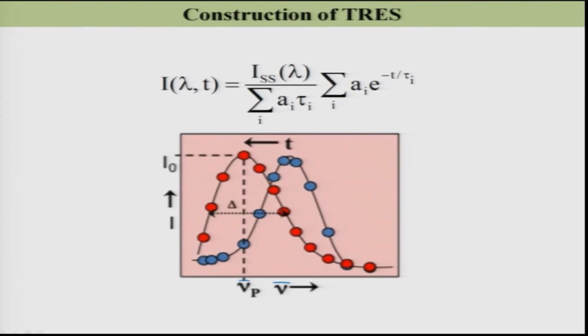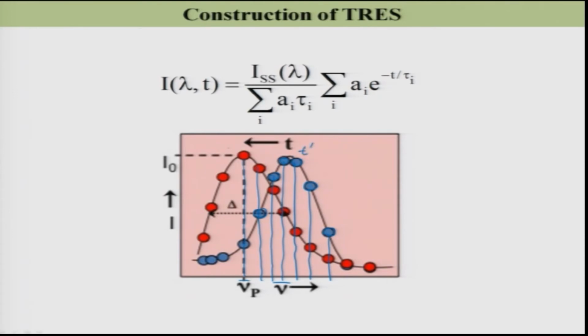So, here you see that these intensities are like this for different lambda or different nu bar. These are the corresponding nu bar, right, as shown here.